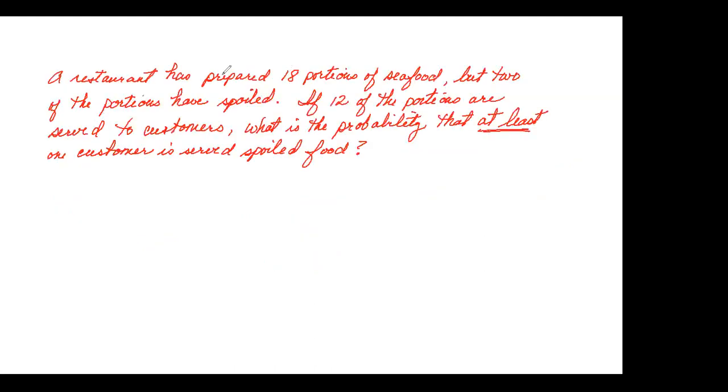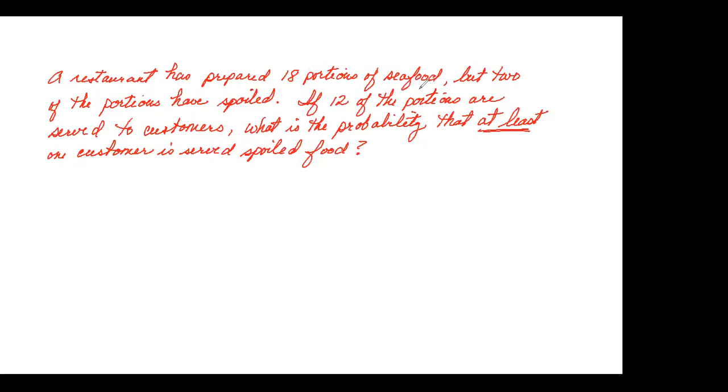However, sometimes it's much more difficult. In that case, the odds that the die is going to land on a 1 or a 5 or a 6 is exactly the same, and one die has absolutely no effect on how the other one lands. But take a look at this problem. A restaurant has prepared 18 portions of seafood.